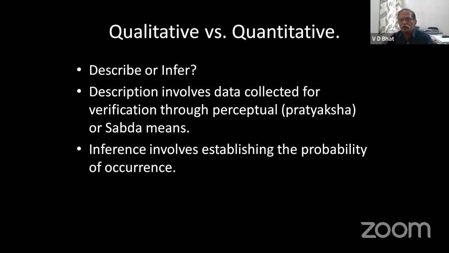There is 30% probability that these two variables are related to one another. Or there is 70% probability, 0.7 being the value of the correlation coefficient. You are actually expressing the probability of that occurrence.